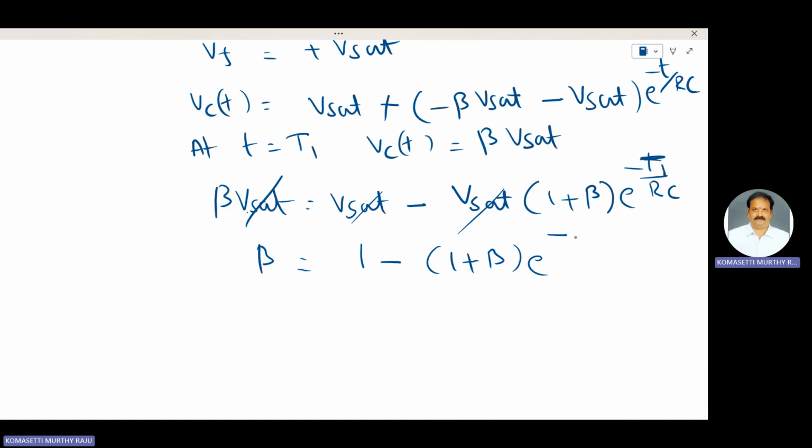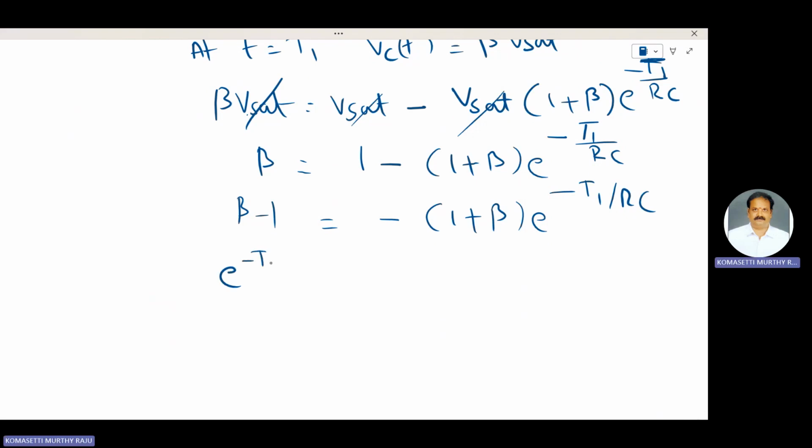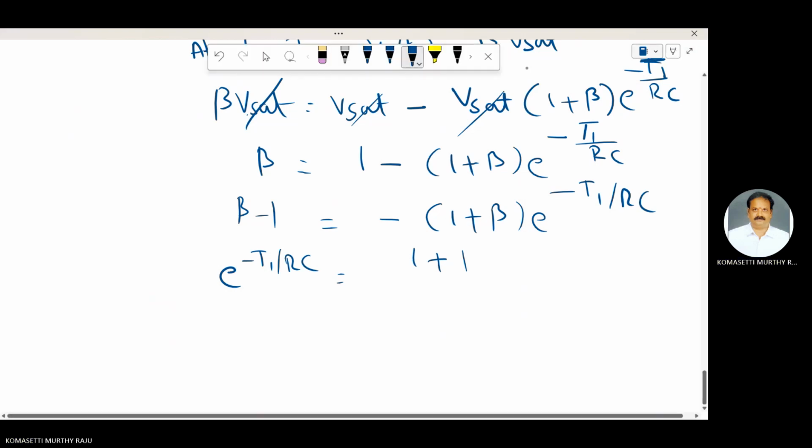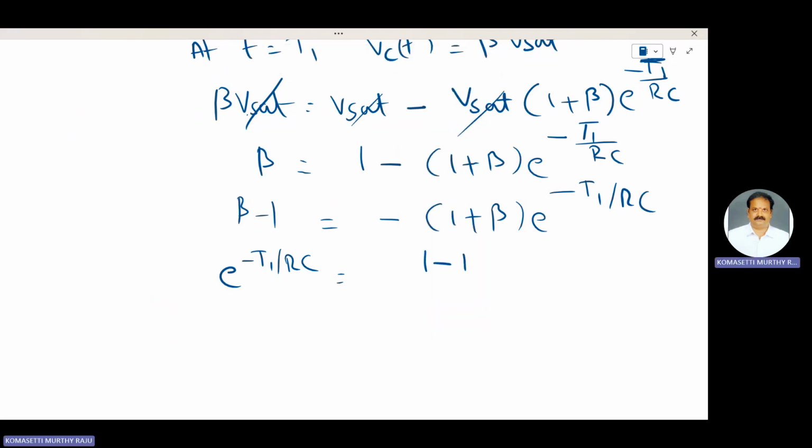Here T1, capital T1. At T equal to capital T1 only, Vc of t is equal to beta V sat. So e power minus T1 by RC is equal to (1 minus beta) by (1 plus beta).